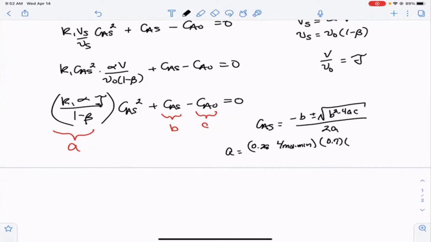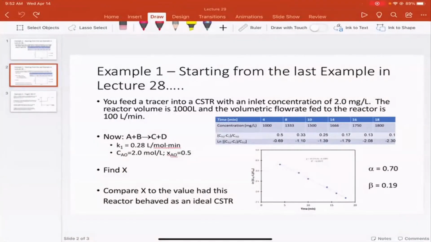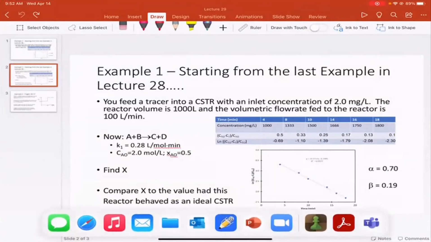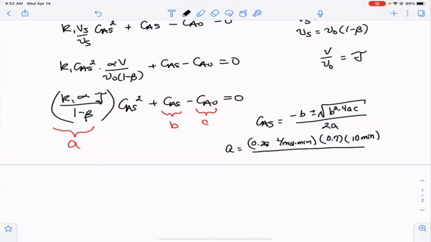And we are feeding to our reactor at 1,000 liters, and the flow rate is 100 liters per minute. So that's a tau of 10 minutes. And then that's divided by 1 minus beta, or 1 minus 0.19. So we know that our value for A here is equal to 2.4, and the units there are liters per mole.